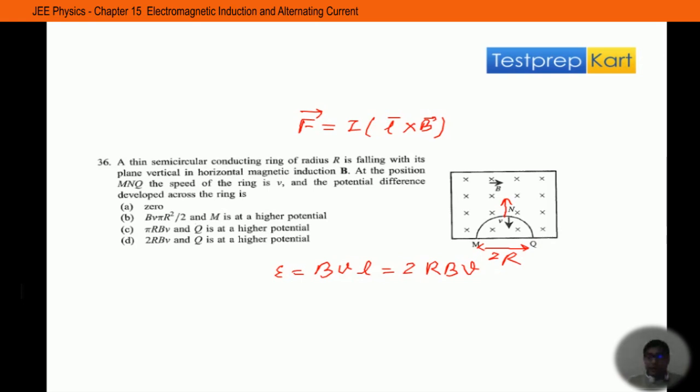So if current passes in this direction, there will be the cross product dl cross B, so you need to rotate from L to B. From there you will get the direction of current. One second, let me figure it out.